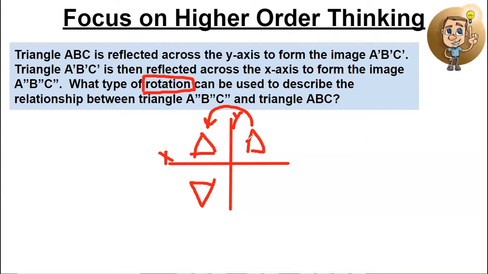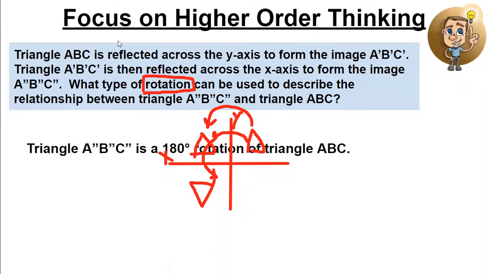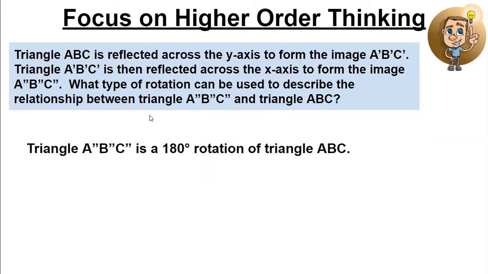Well, you're going to be turning it and turning it again. So it would be a rotation of 270 degrees counterclockwise. Oh, 180, I was wrong, 180. Okay. Not 270, 180.